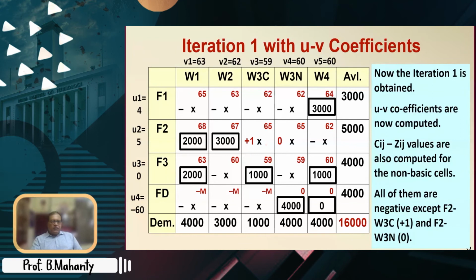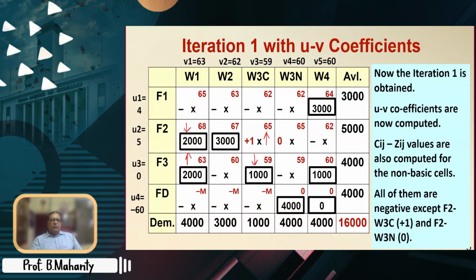So suppose this square goes up. Now which one should go down? Yes, F3W3C, that should go down. Now if this goes down, then the good way of having is this should be going up and this should be going down.